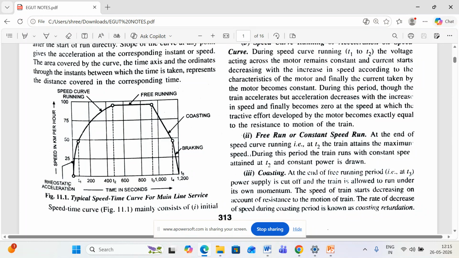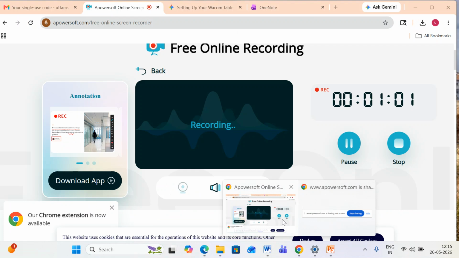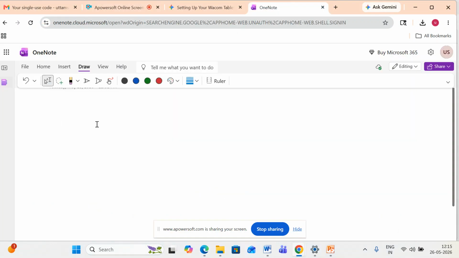So we can see here, this is the phase. Let us understand this.